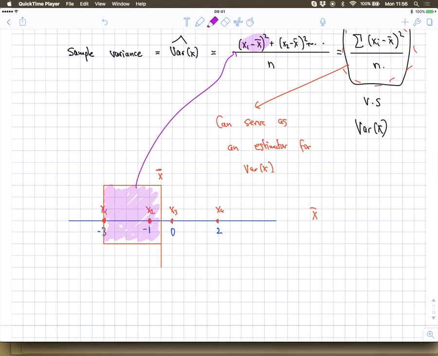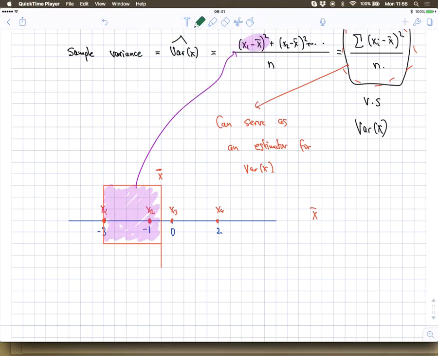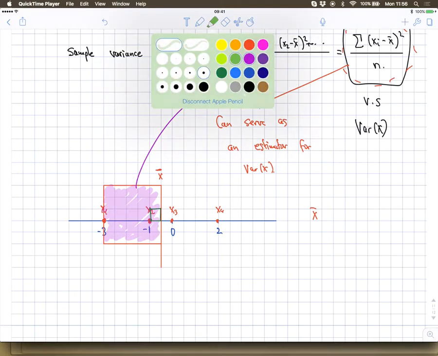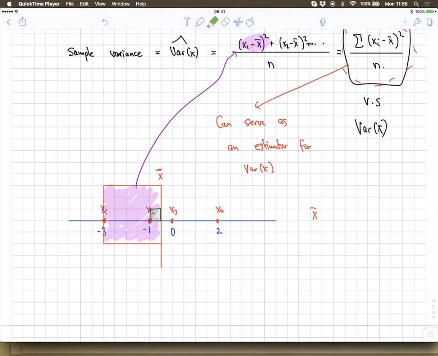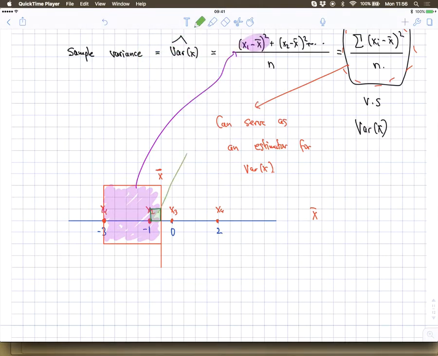I take the second square, maybe with a different color. Distance from the mean is this much. I square it, I get this. I put some yellow thing here, and actually the green one belongs to the second one here. Well, the x3 is also easy.